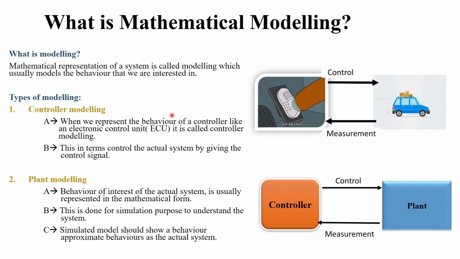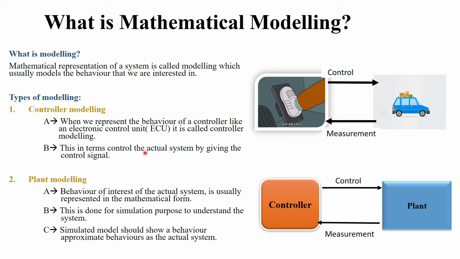When the model is developed, the corresponding software is also developed, and the software can be put inside an ECU, which is an electronic control unit. Usually this is a computational device that is present in the vehicle.